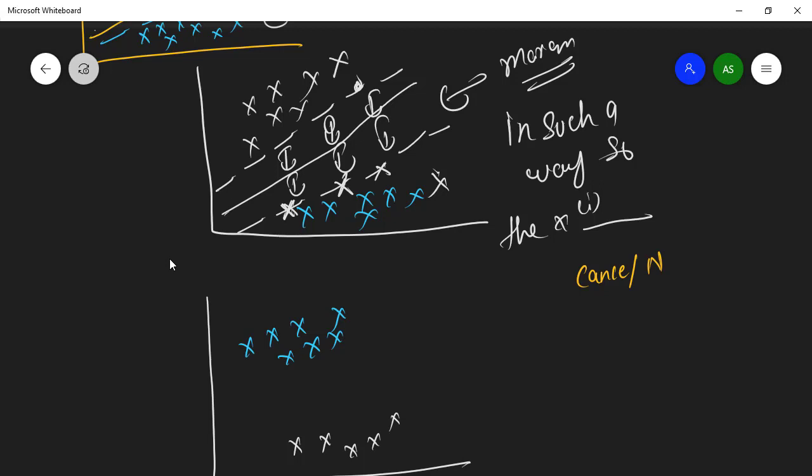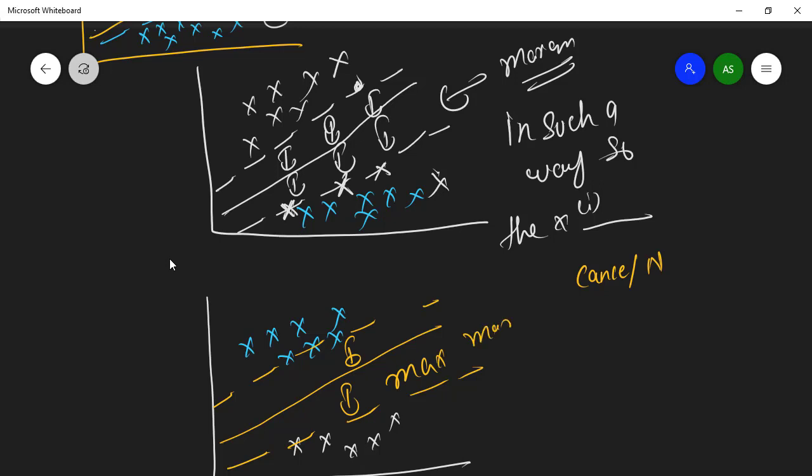What SVM does is simply construct a hyperplane and two parallel hyperplanes like this. This is called the margin, and it always tries to maximize this margin in such a way that the nearest data point is far away from the main hyperplane. You can see over here that the nearest data points are far away, and these are called the support vectors.